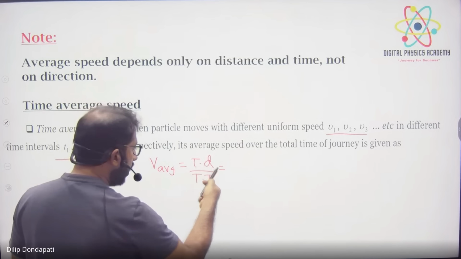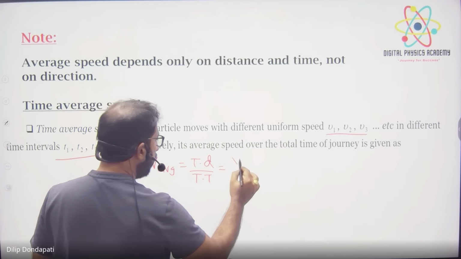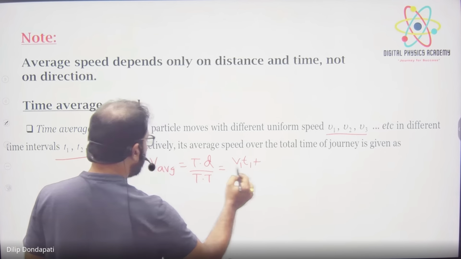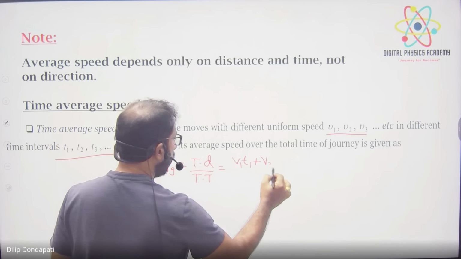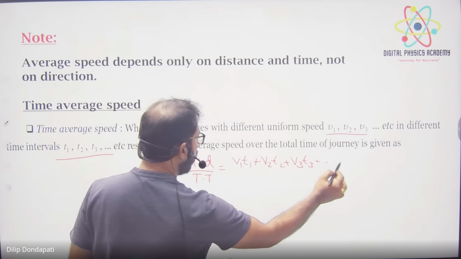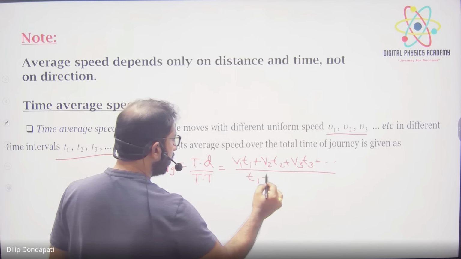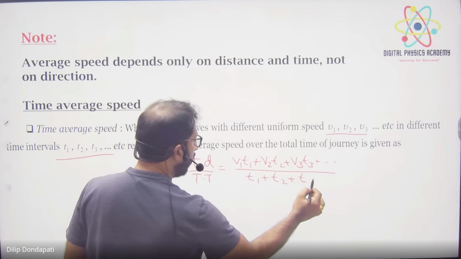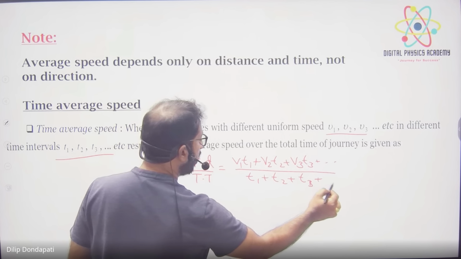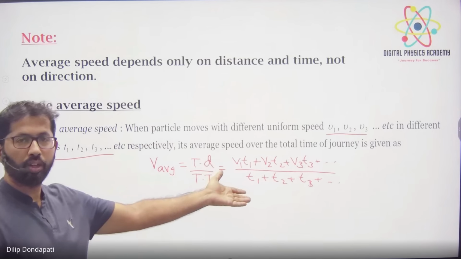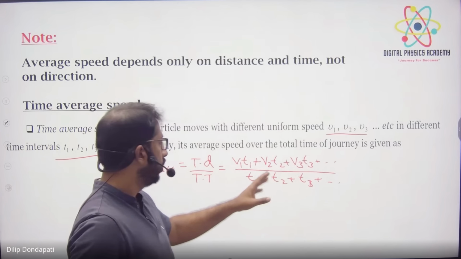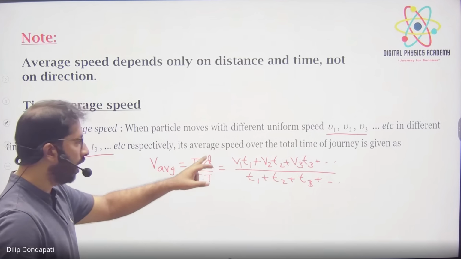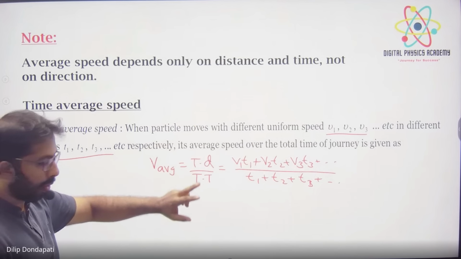So total distance: first distance is V1 into T1, plus second distance V2 into T2, plus V3 into T3, and so on, by total time taken, T1 plus T2 plus T3. This is the answer. They will not always give distances; they will give speeds and times and ask to find average speed. Total distance by total time taken, like this we have to do in numericals.